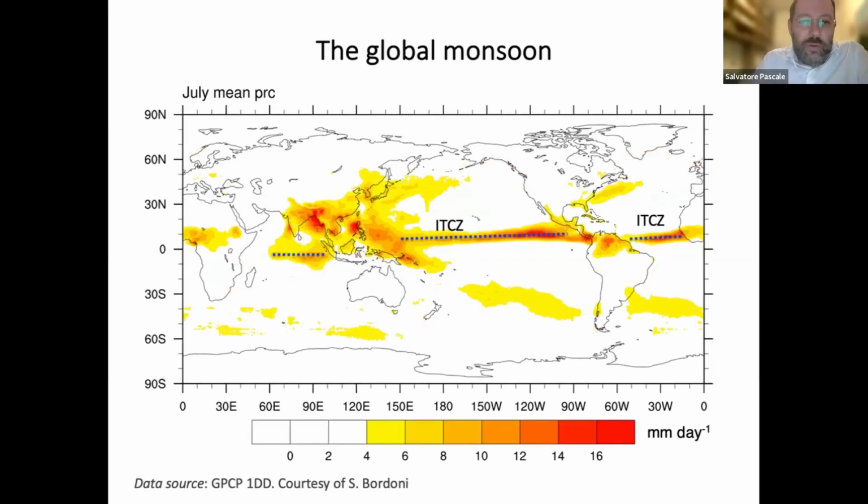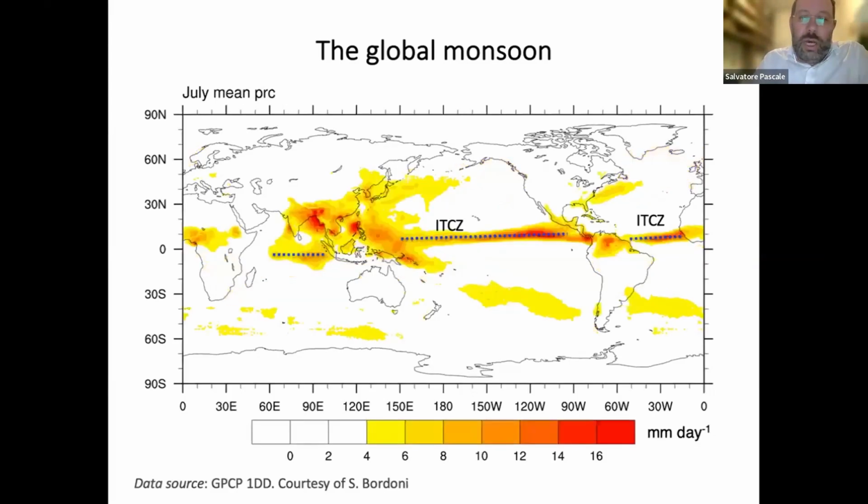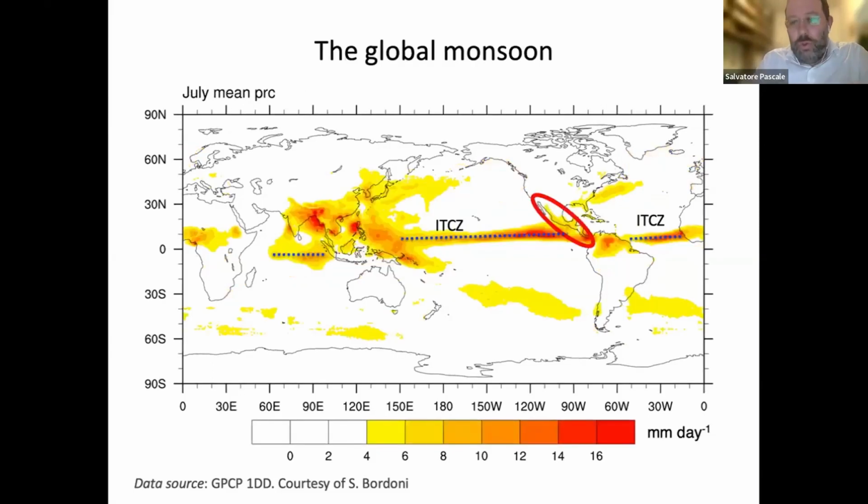Going from July to January, and focusing over land, you see that the tropical rainfall bands shift a lot from one hemisphere to the other. And if you look at the Americas, you clearly see the South American monsoon and the North American monsoon, which extends roughly over Central America into Mexico and up to the southwestern US.